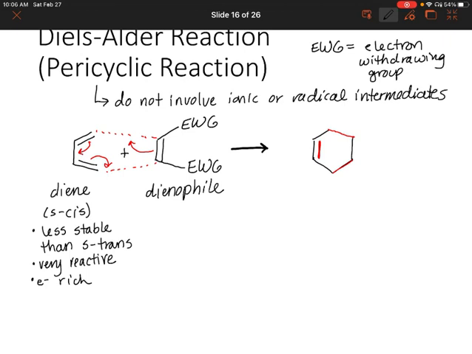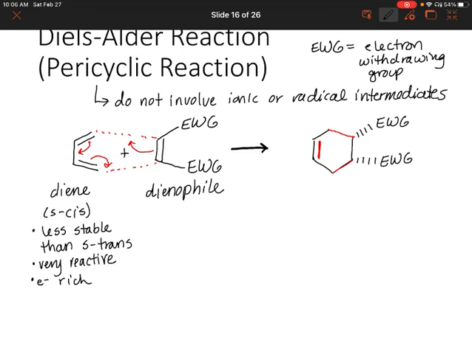Okay, so once we add those electron withdrawing groups, notice that I drew them cis to each other. So on our product, they would also be cis to each other. So we'll draw them both as dashed positions.